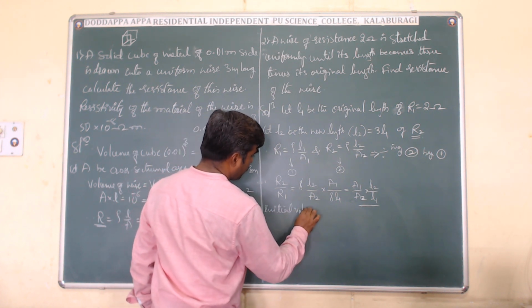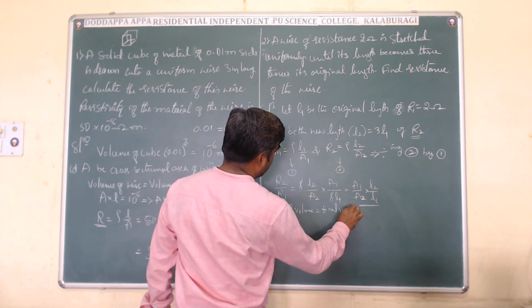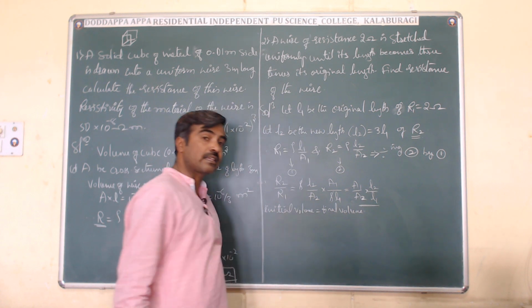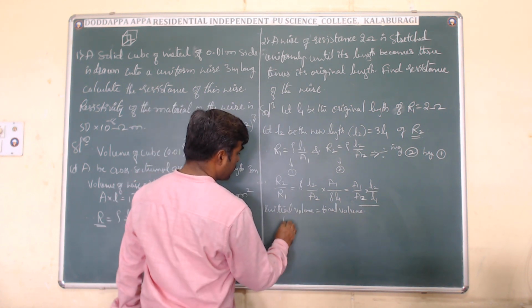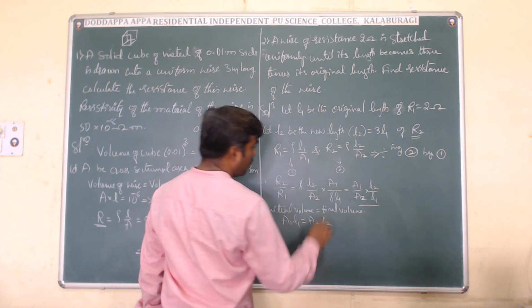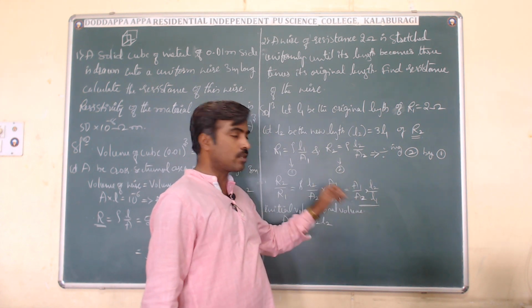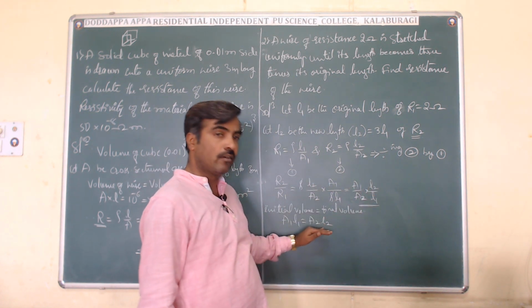initial volume is equal to final volume. Volume remains the same. Initial volume means A1 L1 is equal to A2 L2. A1 L1 is the initial volume, A2 L2 is the final volume.